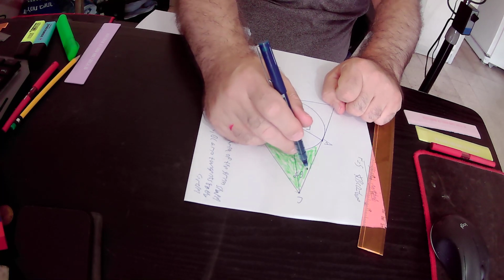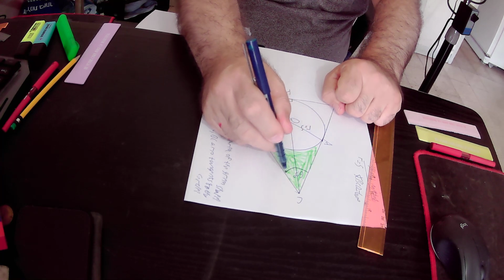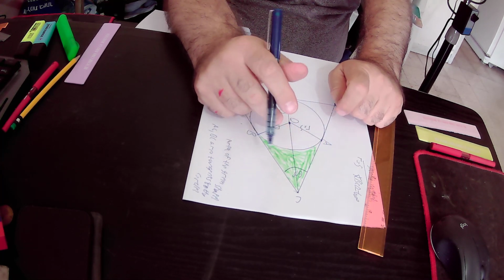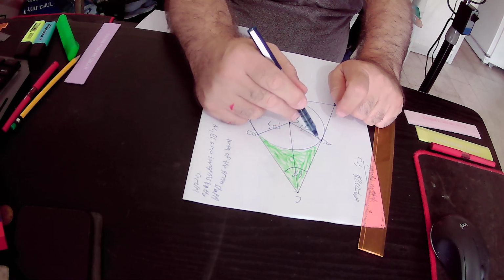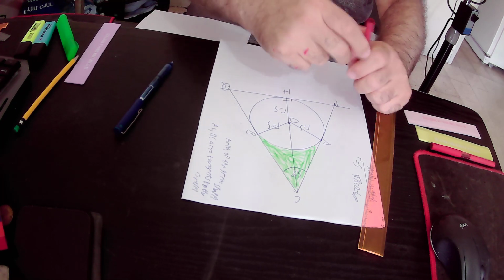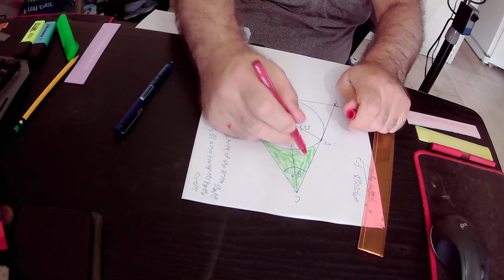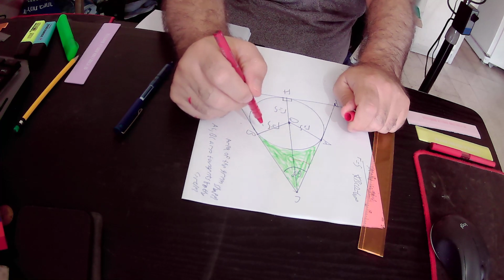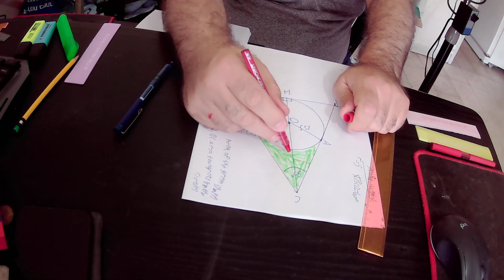From the fact that those two triangles are congruent, we can deduce that angle ACO, this angle, is equal to angle BCO, this angle.